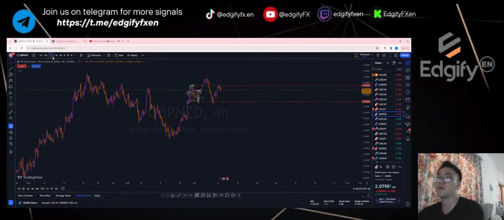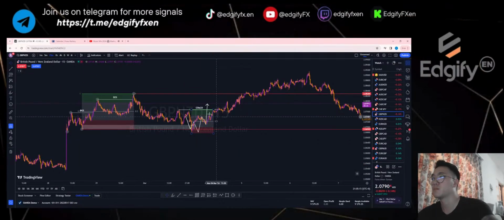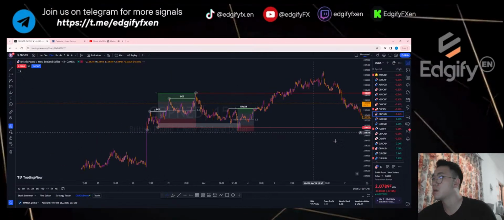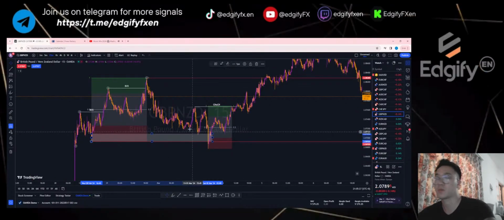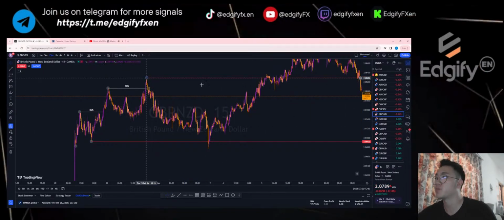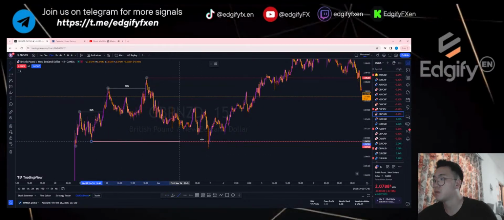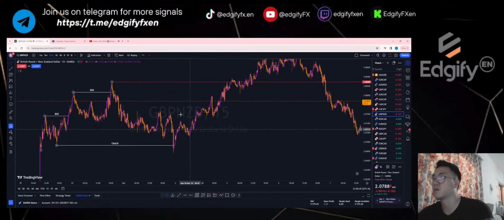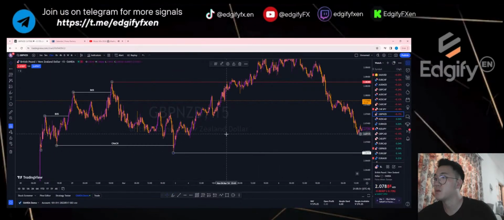GBP/NZD, this will be my 15 minute. We have this break above here, and then we have this break below, which then makes this our new low, right?